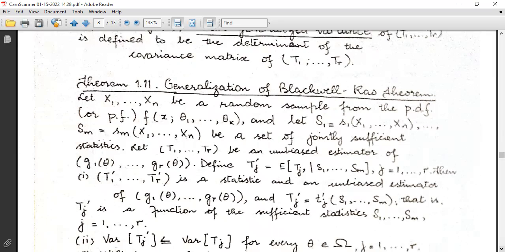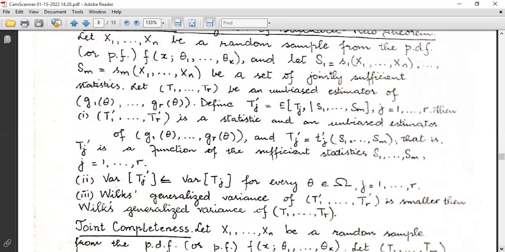First, T1' up to Tr' are statistics and unbiased estimators of g1(θ) up to gr(θ), and Tj' is a function of the sufficient statistics S1 up to Sm, where j varies from 1 to r.